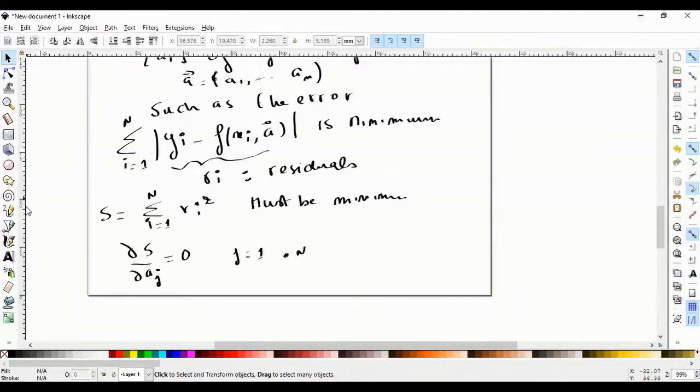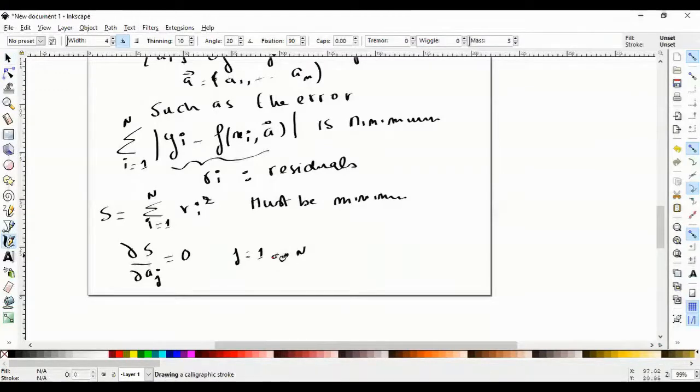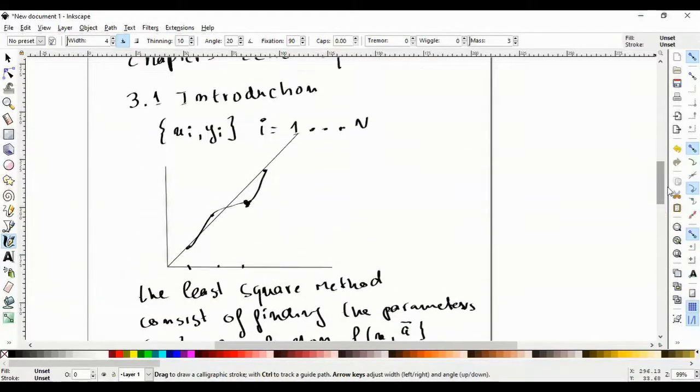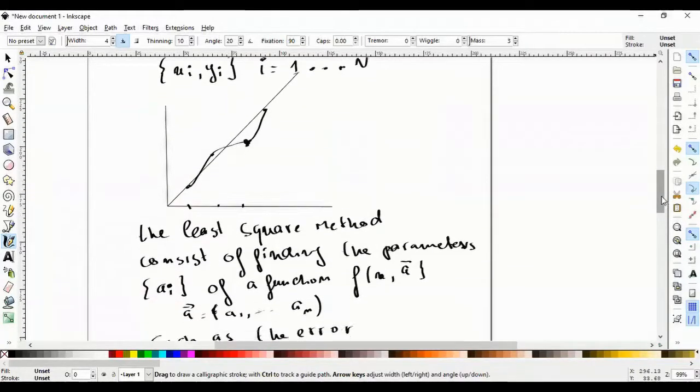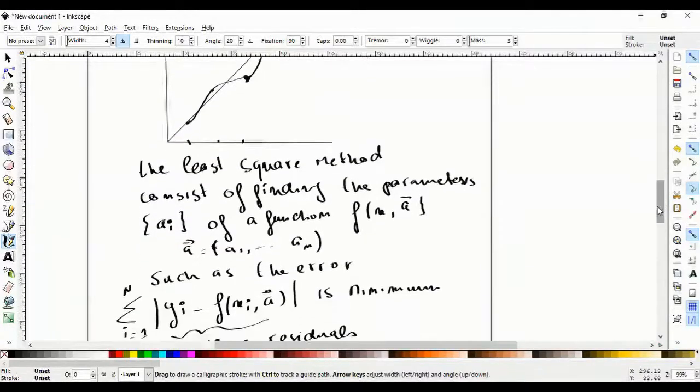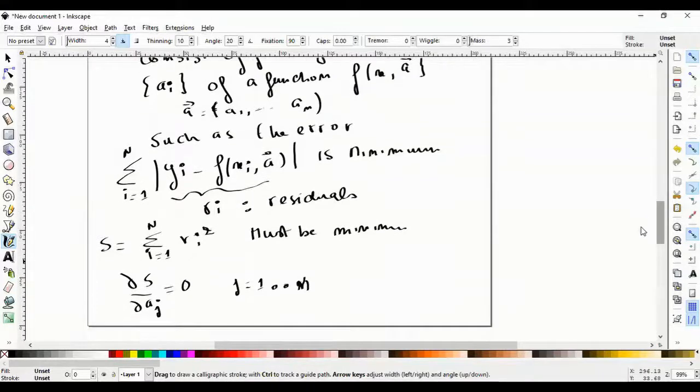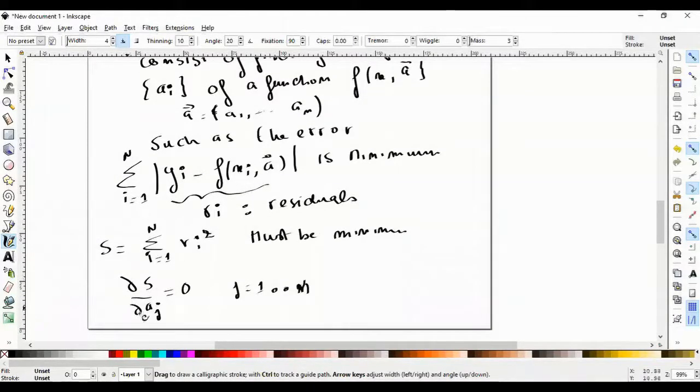Small n is the number of parameters, because capital N is the number of points. So ds over daj must be equal to 0.